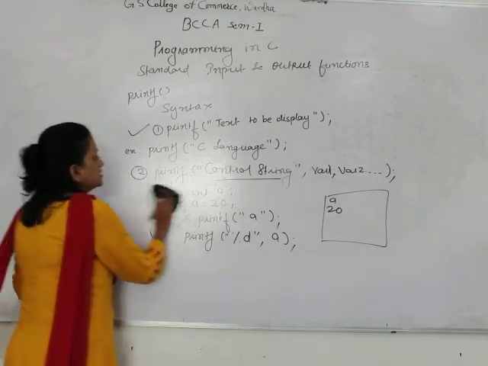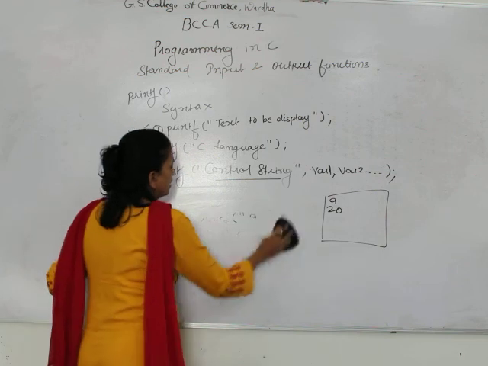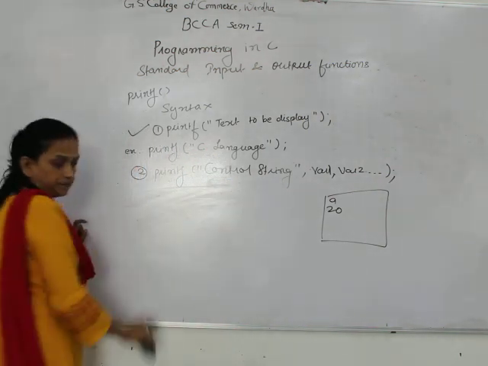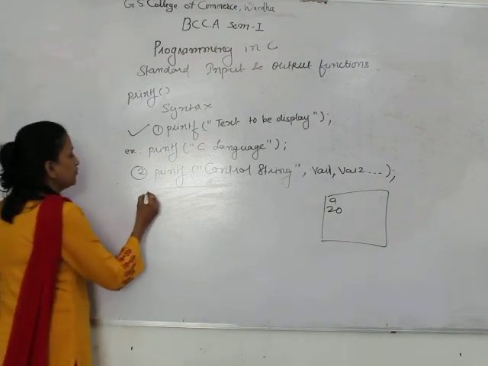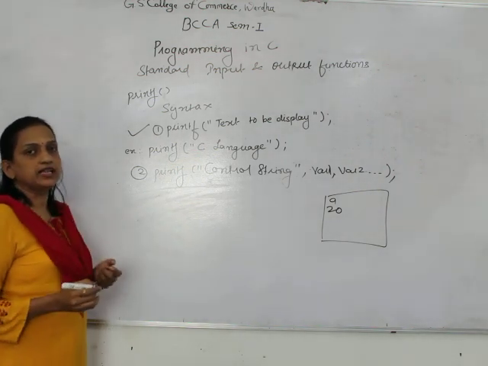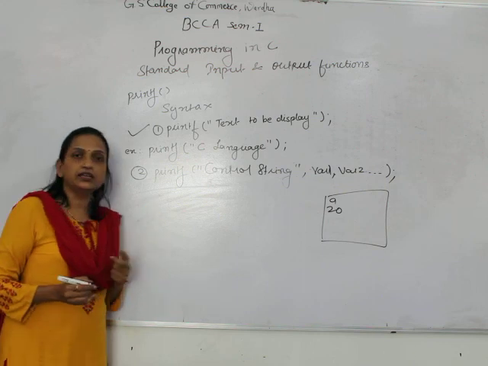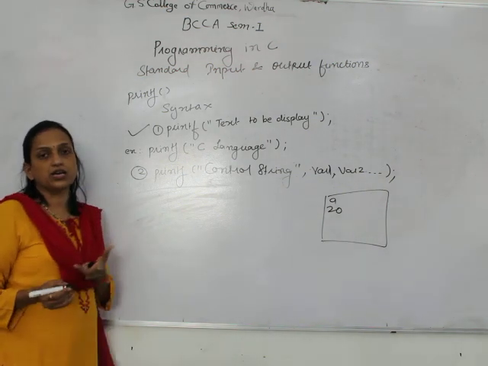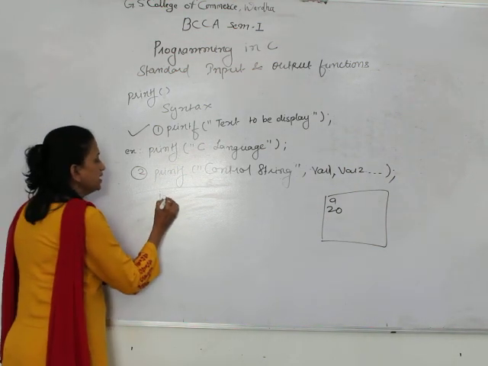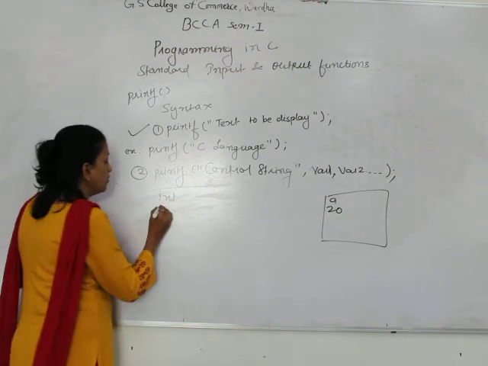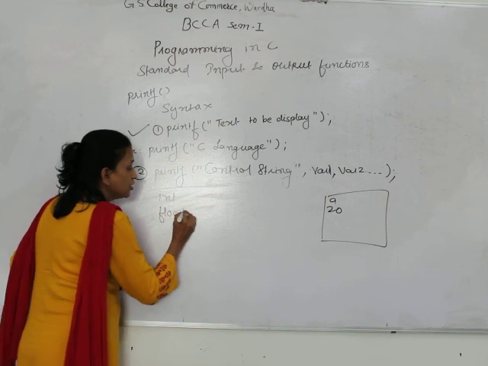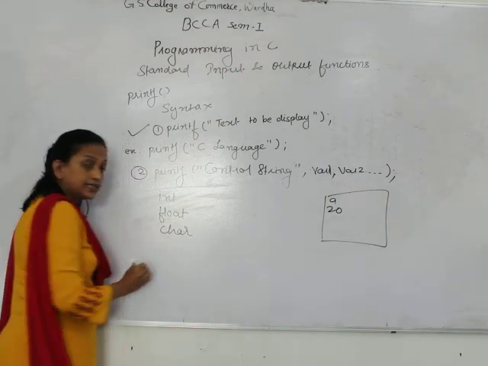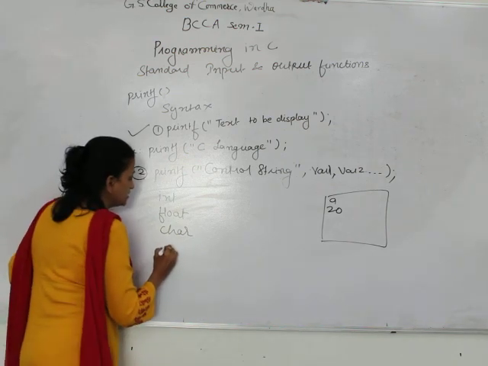So let us try to understand the control string for various data types. In our previous lecture we learned the data types. The basic data types which I told you are: int is for integer value, float is for floating point value, char is for single character value, and double.